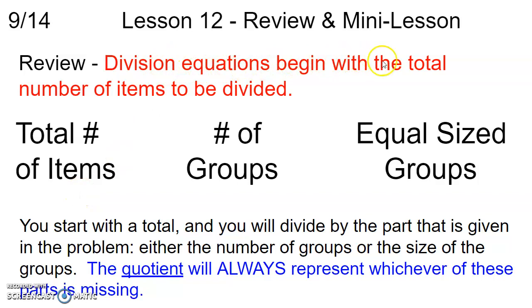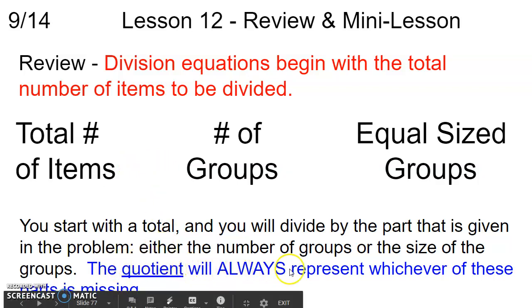Division equations begin with the total number of items to be divided, and you're either given the number of groups or the equal sized groups. Whichever one they give you, you're dividing the total number of items either into groups or by the size of each group, and the quotient will always represent whichever of these parts is missing.